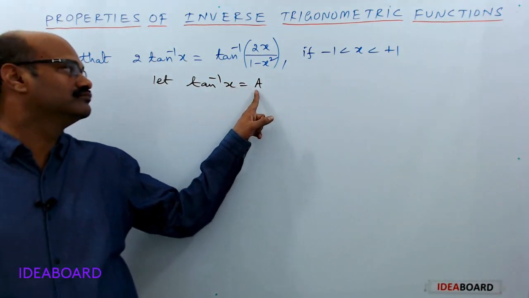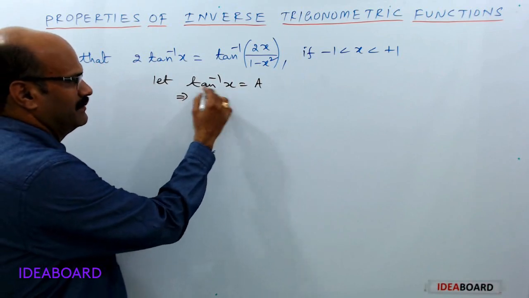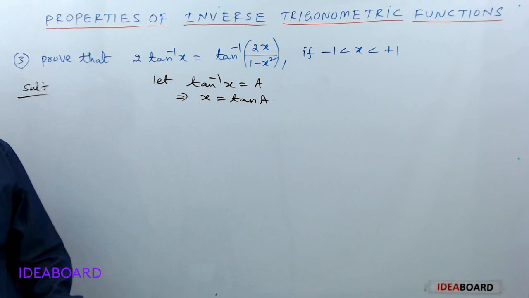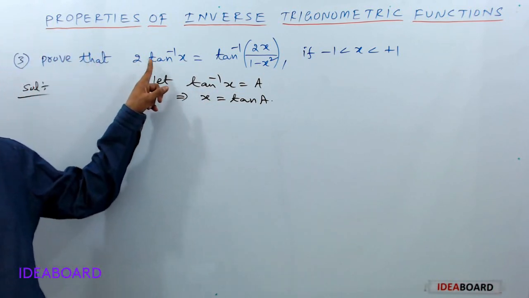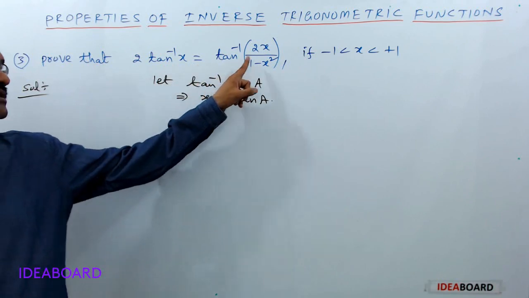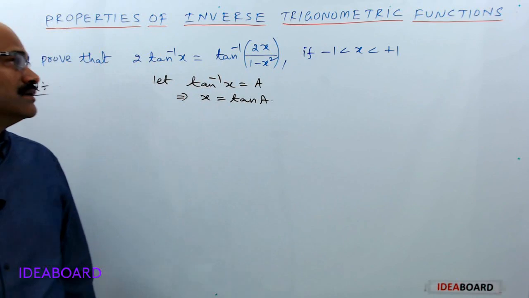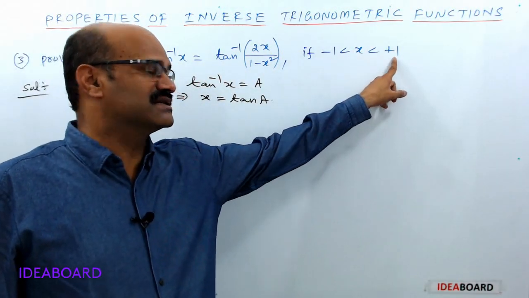It implies x equal to tan a. Now we have to prove that 2 tan inverse of x equal to tan inverse of 2x by 1 minus x square. Here the condition is given by minus 1 less than x less than plus 1.